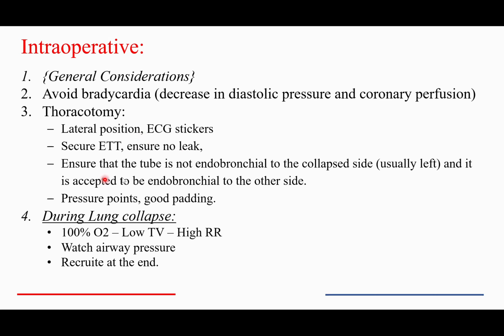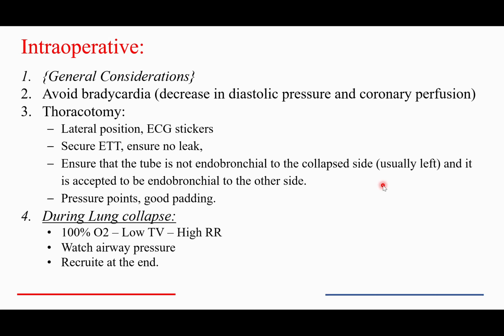Ensure that the tube is not endobronchial to the collapsed side, because if the tube is endobronchial at the side that will be collapsed during thoracotomy, the patient may not be ventilated.